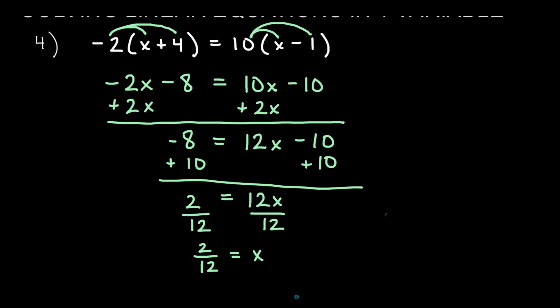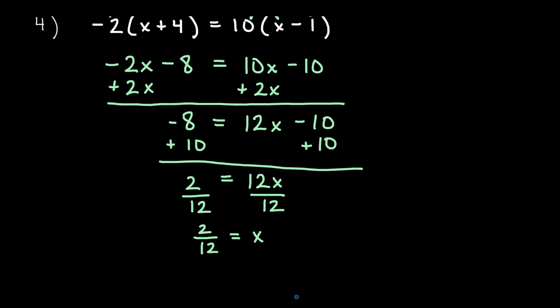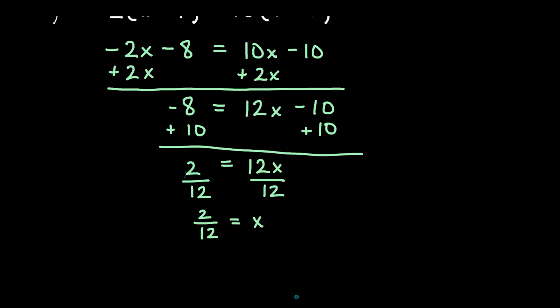And we can reduce 2 over 12, right? 2 and 12 both have a common factor of 2, so if I divide each part by 2, 2 divided by 2 would give me 1 on the top, and 12 divided by 2 would give me 6 on the bottom. It is okay to solve with your x on the right side. That is certainly okay if you feel like you want to choose to do that.